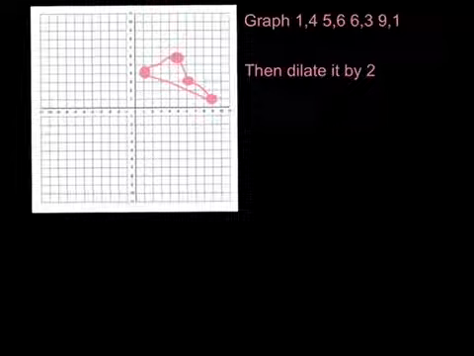Now we're gonna dilate. So all you have to do is you have to get these, and you gotta get these. You gotta times them by 2. Dilate them by 2. So let's get some dots out here.